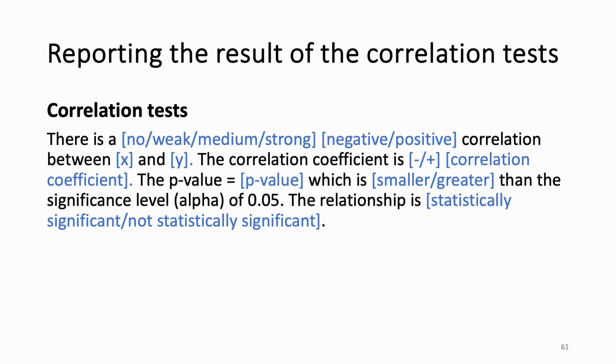The value of this correlation coefficient will tell you if you have a no or weak or medium or strong correlation. Then we report the p-value, and we specify if it's smaller than 0.05 or greater. Based on that, we say that the relationship between the two variables is statistically significant when the p-value is smaller than 0.05, or not statistically significant if the p-value is greater than 0.05.